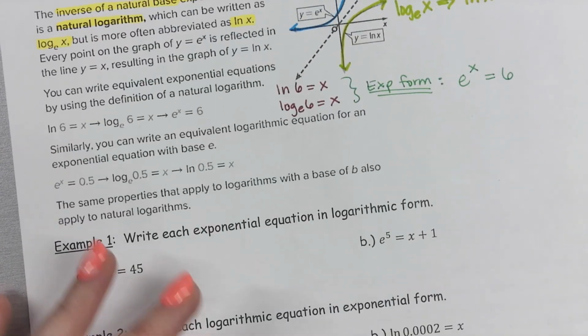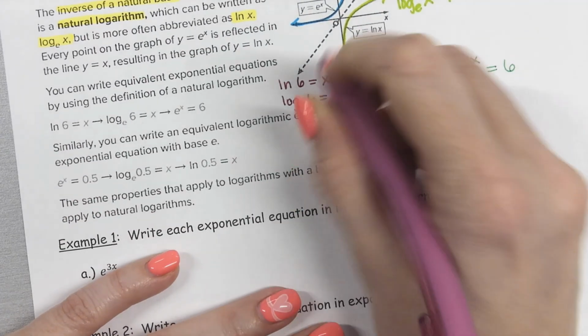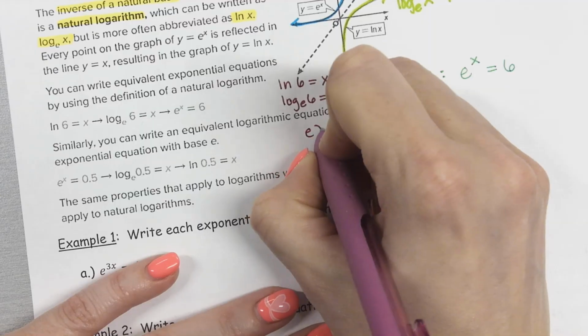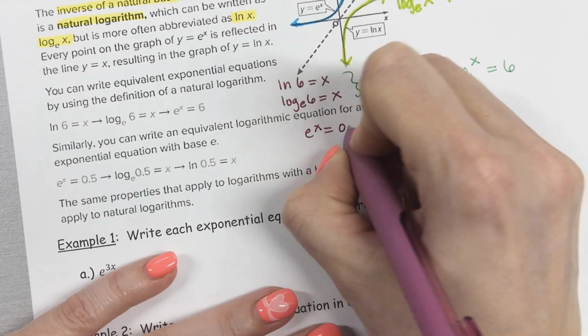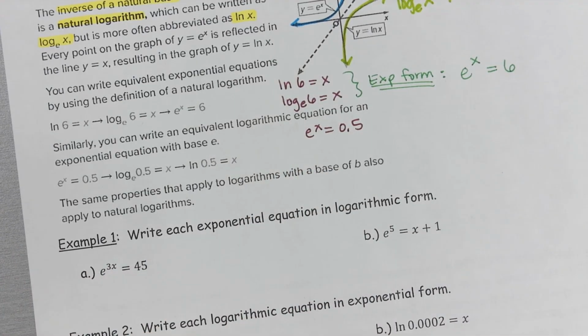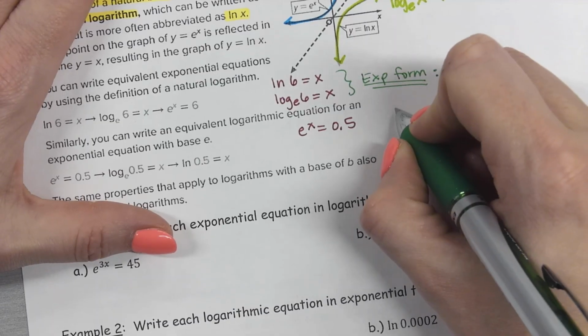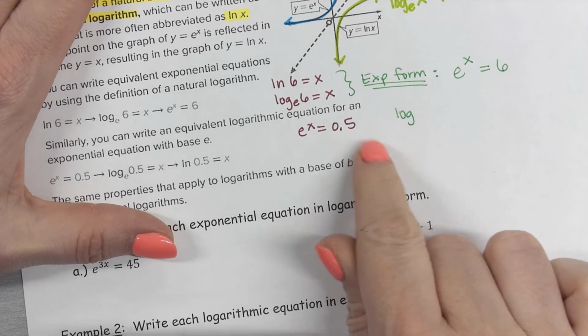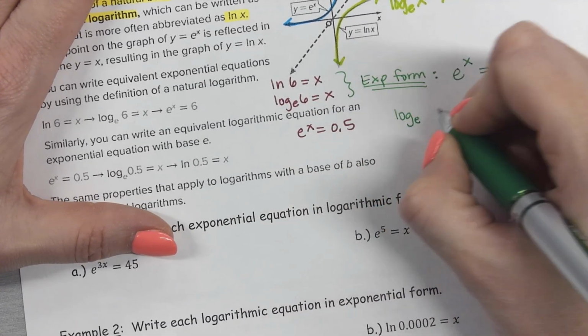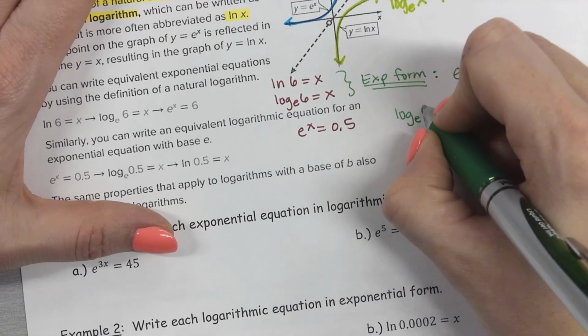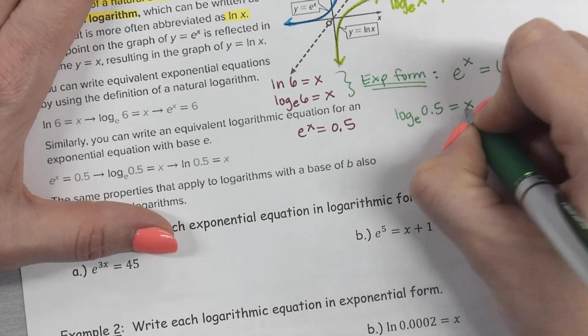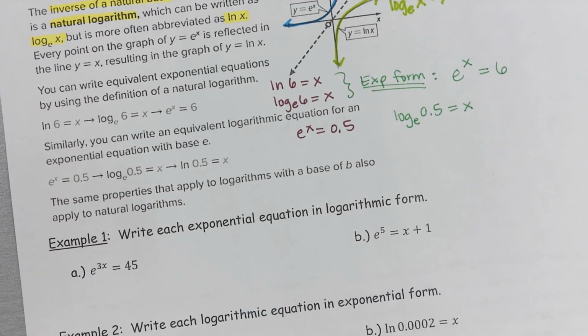So let's say you have e to the x is equal to 0.5, or a half. You can write that in log form by doing the log with the base of e, of 0.5, equal to your value of x.